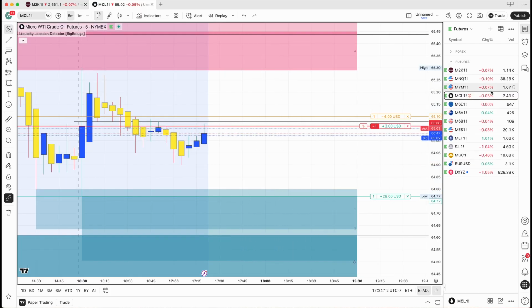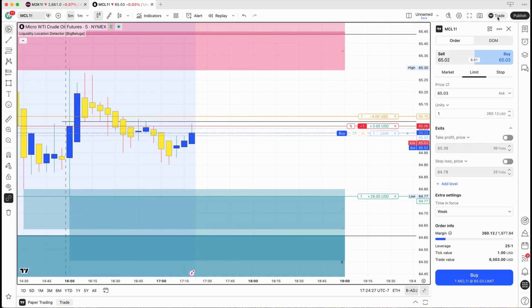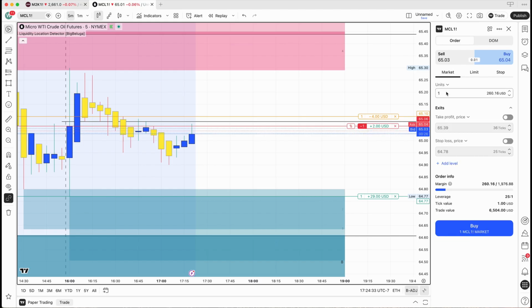Well, how do I get in the trade? Up in the right-hand side of the window, you have this little icon that says trade. You click on it. It gives you a trade panel, and we trade the market. That's how I trade anyway. I seldom use a limit.